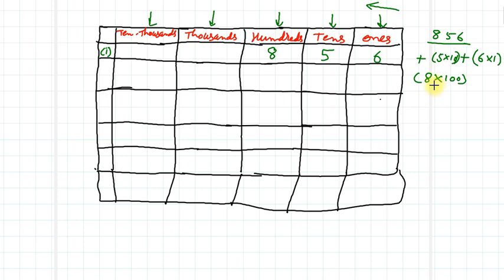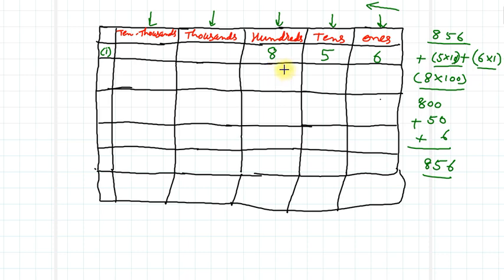If I solve this, 8 times 100 means 800, 5 times tens means 5 into 10, which is 50, 6 times 1 is 6. If I add them, this becomes 856.